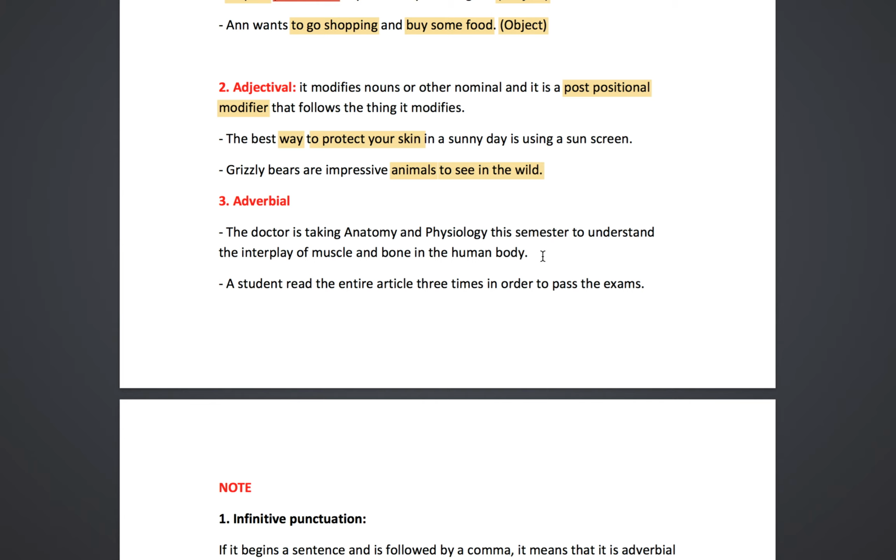The doctor is taking anatomy and physiology this semester to understand the interplay of muscle and bone in the human body. The doctor is the subject of a sentence. Is taking is the verb. Anatomy and physiology completing the verb of a sentence. So here we have to understand the interplay of muscle and bone.